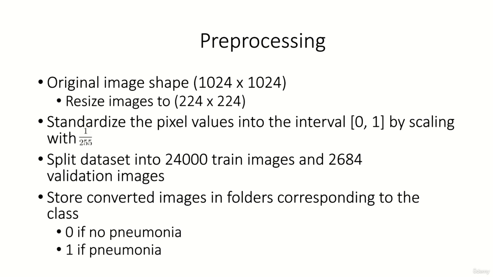Now we use a trick that allows us to leverage the Torch Vision dataset folder class by storing all processed images in specific folders. Images that do not show signs of pneumonia are stored in directory 0, and all images with pneumonia are stored in directory 1. Therefore, we have folders 0 and 1 in our train directory and folders 0 and 1 in our validation directory.